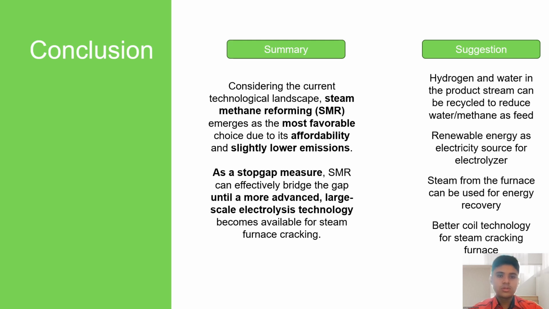Some suggestions were made, such as hydrogen and water in the product stream can be recycled to reduce water or methane as feed, renewable energy as the electricity source for the electrolyzer, steam from the furnace can be used for energy recovery, and better coil technology for the steam cracking furnace.